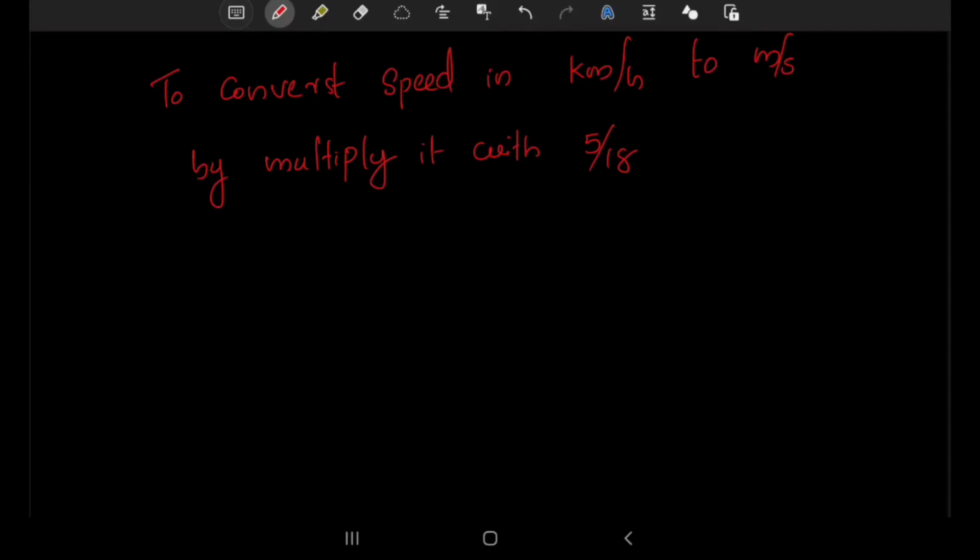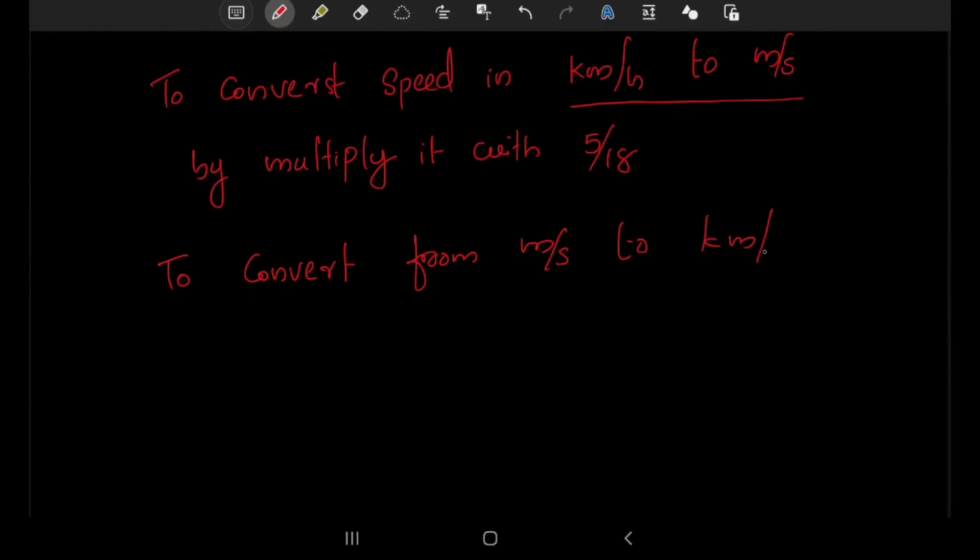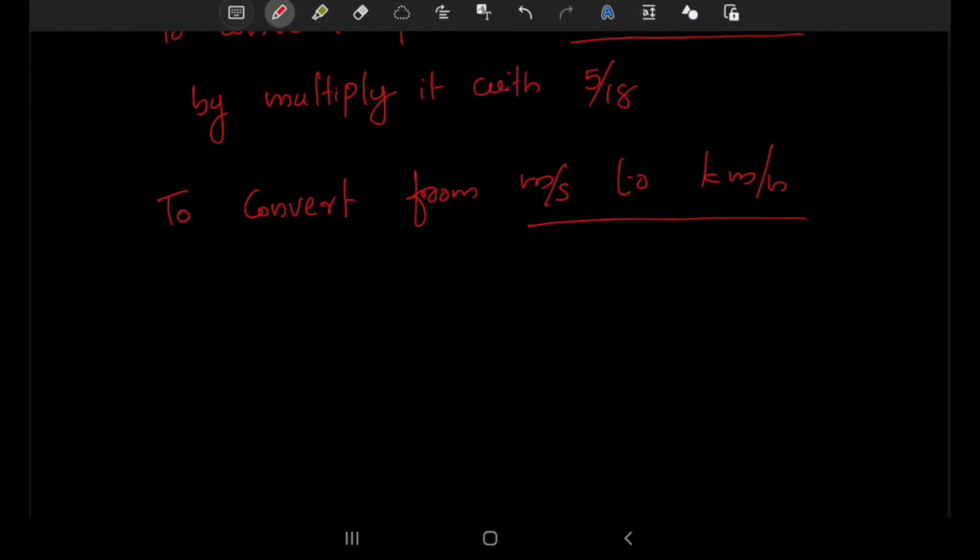And at the same time, to convert the speed from meter per second to kilometer per hour, just do the reverse operation, which means multiply with its reciprocal. The reciprocal of 5 by 18 is 18 by 5.